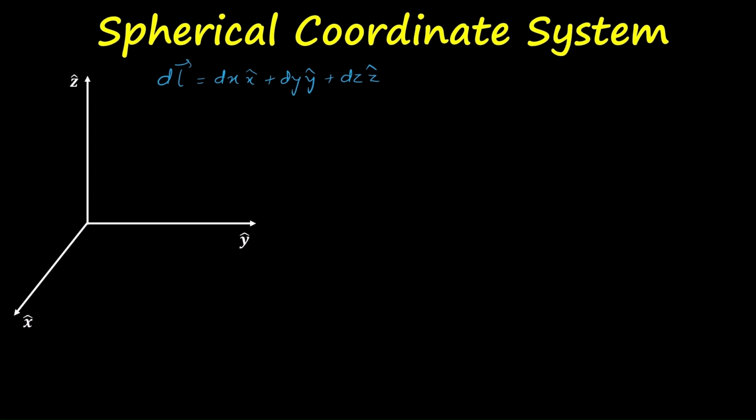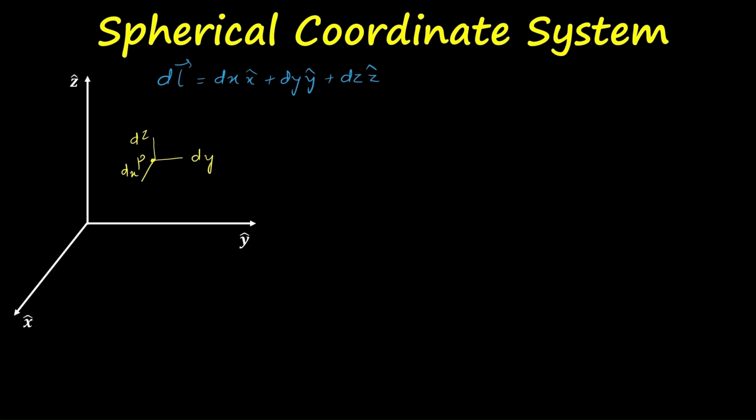So we can visualize this. Suppose we have a point P here, and the increment along the x direction will be this, and this one will be dx. And the increment along the y direction, let's say this is dy, and the increment along the z direction, this one will be dz.